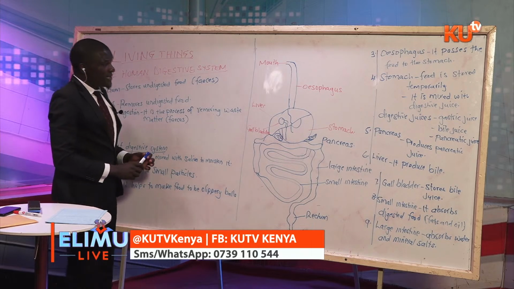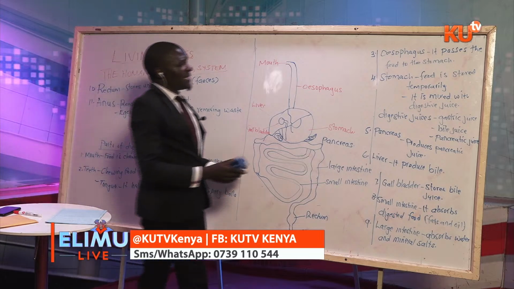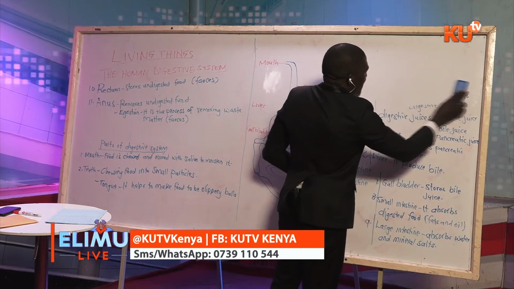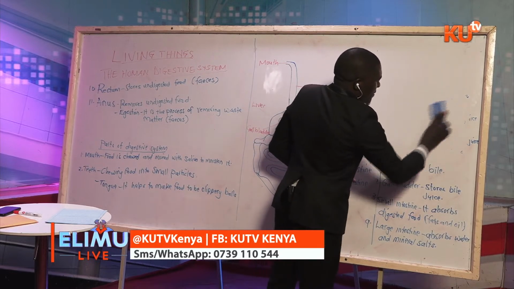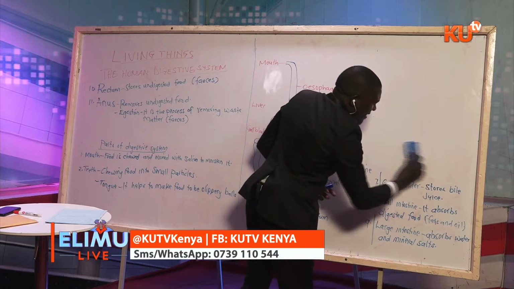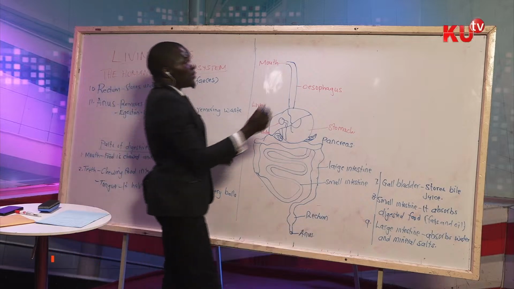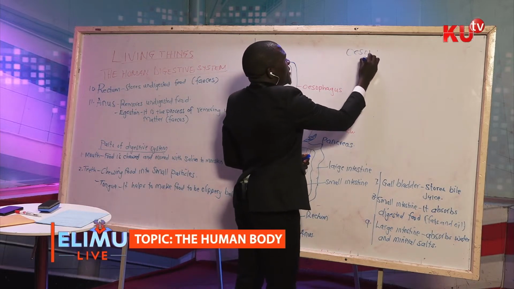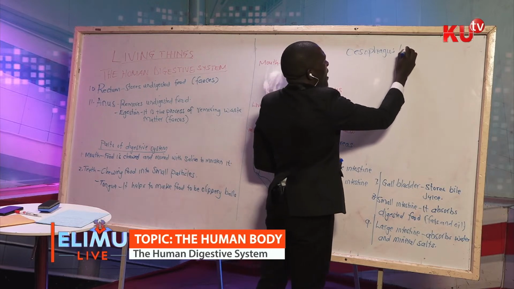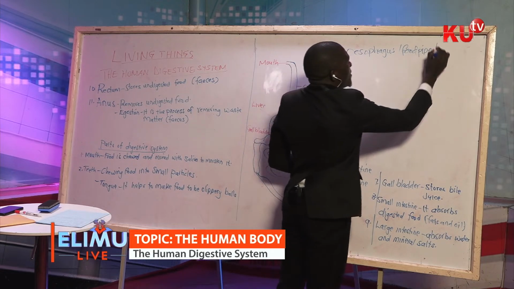Some of these parts have got more than one name. Maybe they can set it in an exam, and you find that the name you know is not there. I want you to understand that the esophagus is also called the food pipe or gullet.